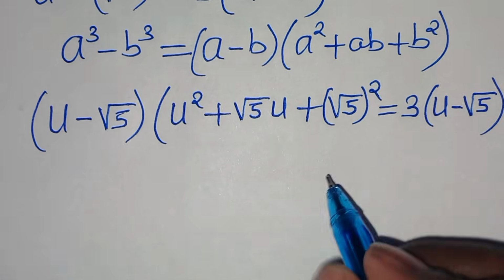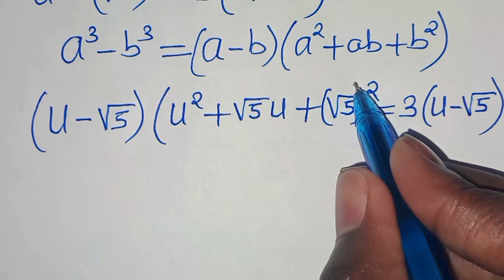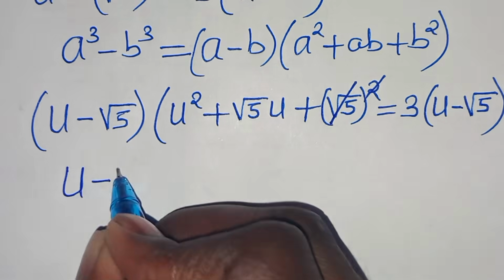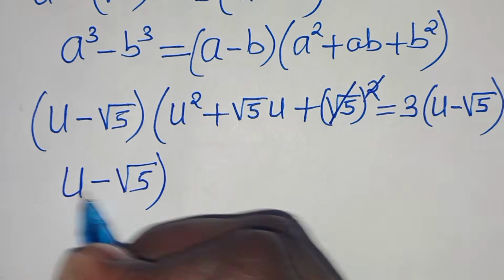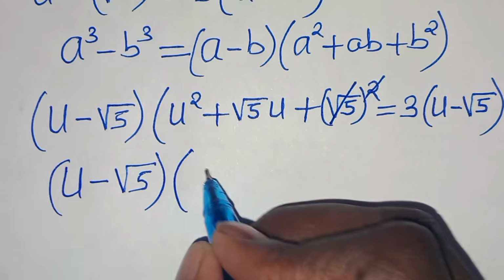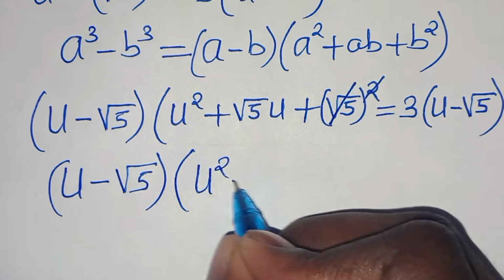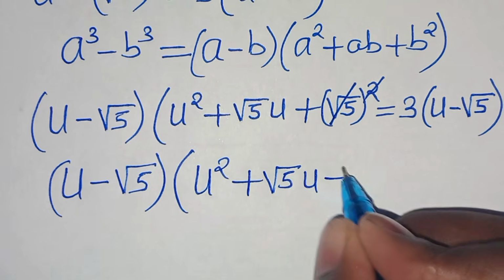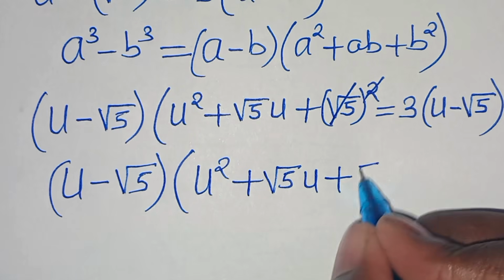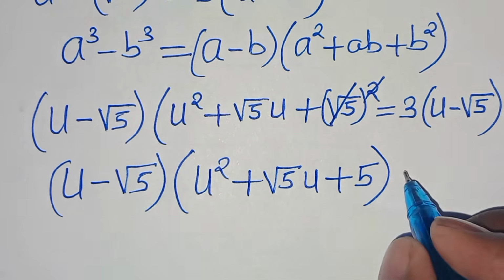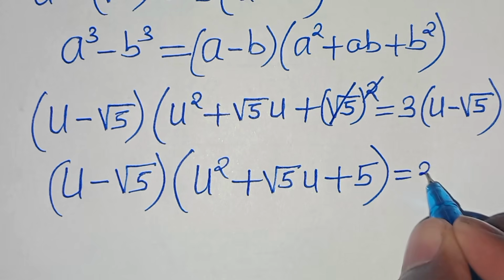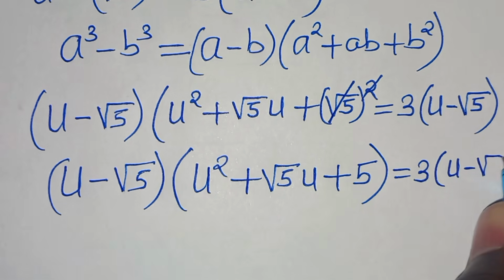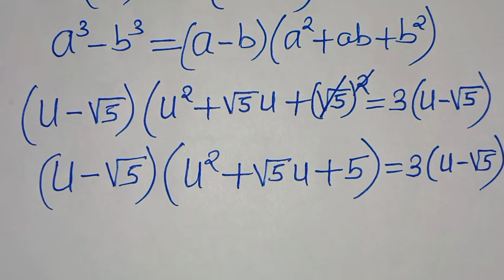The next step is that we can eliminate the square root sign here, so that we have u minus square root of 5 into the parentheses, u to the power of 2 plus square root of 5u, then plus 5, close the parentheses. This is equal to 3 into the parentheses u minus square root of 5.